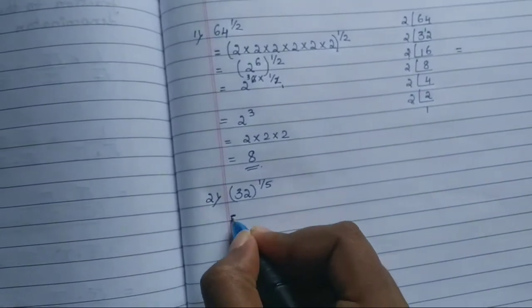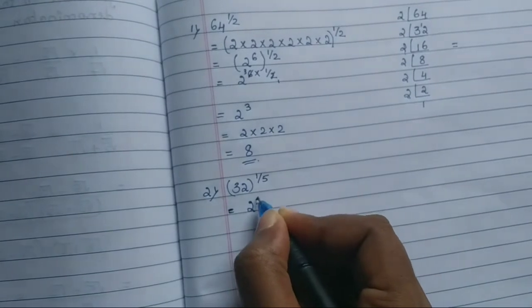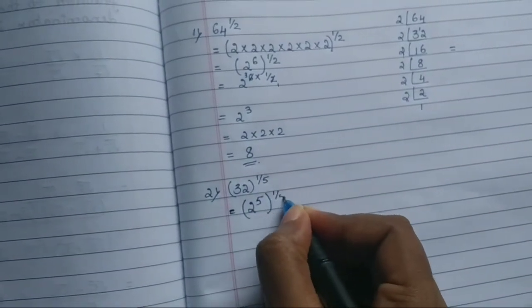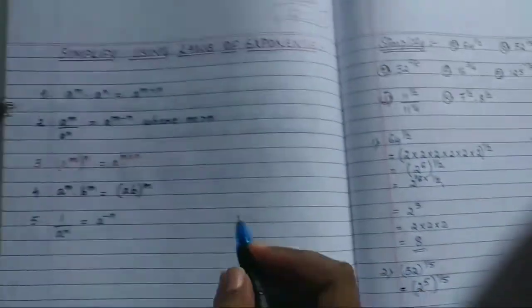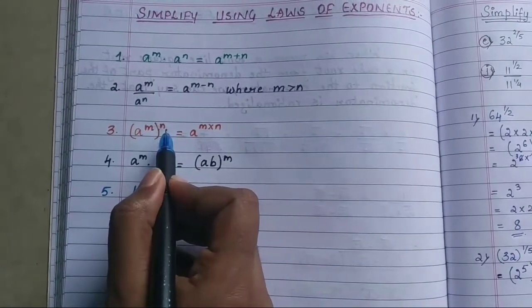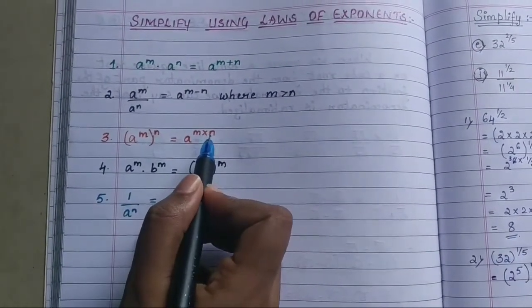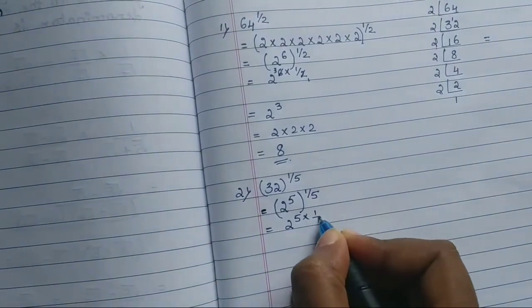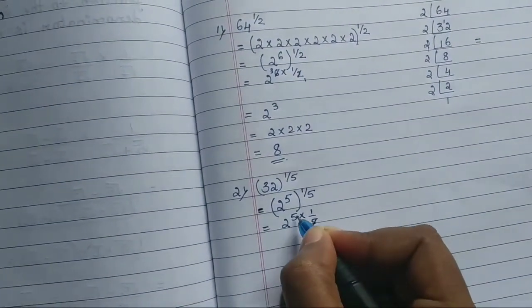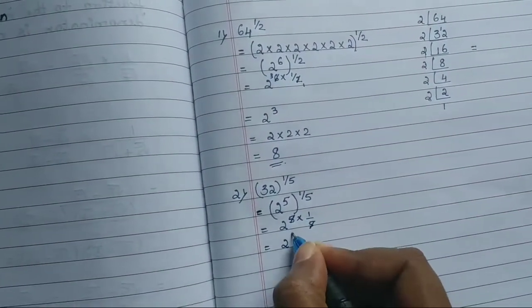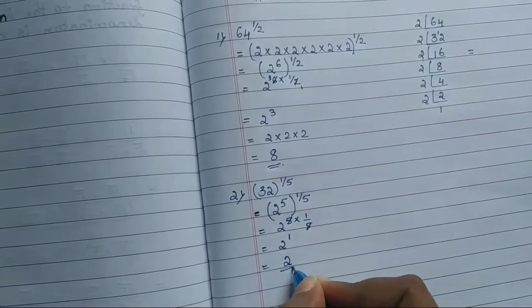So we will directly write 2 to the power of 5 for 32, whereas this 1 by 5 will be as it is. Now with this same law, a to the power of m to the power of n is equals to a to the power of m into n. We will get 2 to the power of 5 into 1 by 5. So this 5 as well as this 5 got cancelled. We are left with 2 to the power of 1, that is nothing but 2 itself.